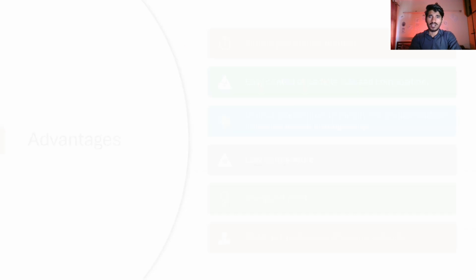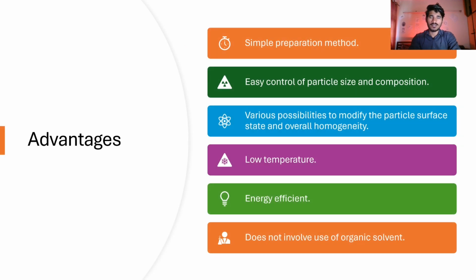So moving on, we have advantages. What are the advantages of this co-precipitation method? It is a simple preparation method, and there is easy control of particle size and composition. So you can easily control the particle size and the composition. The next thing is that there are various possibilities to modify the particle surface state and overall homogeneity.